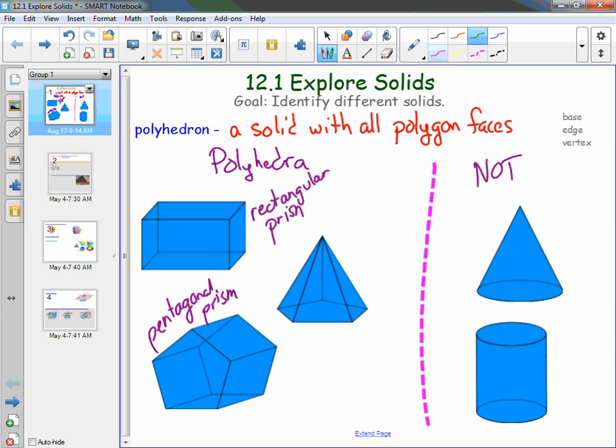And over here, we have a pentagon base, and all the sides come to one point. That is called a pentagonal pyramid. Over here, the things that weren't polyhedra, we have a cone and a cylinder. Another one you'll see would be the sphere.